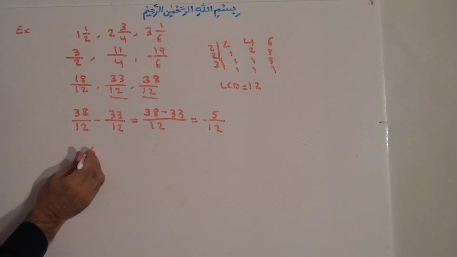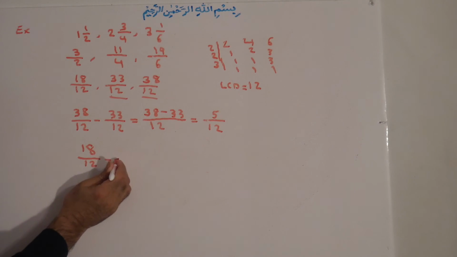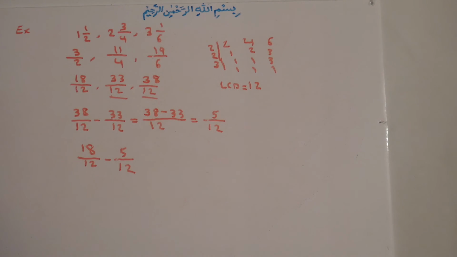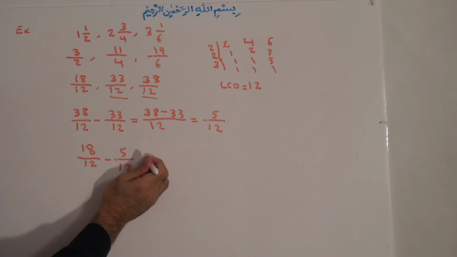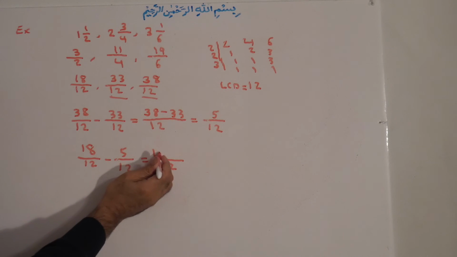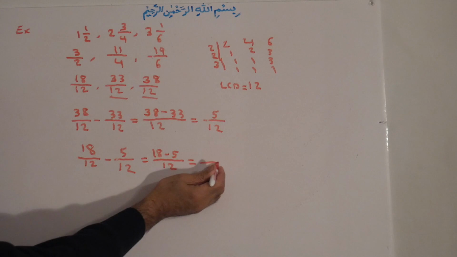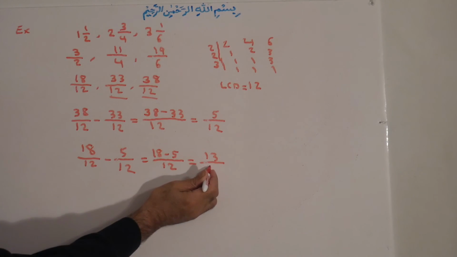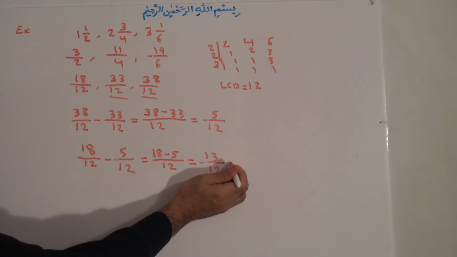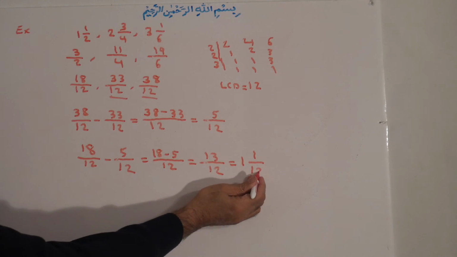What we do? 18 over 12 minus 5 over 12, again 12 is the common denominator. 18 minus 5 is equal to 13 over 12. From previous lessons we know we should divide this, and this becomes 1 1/12.